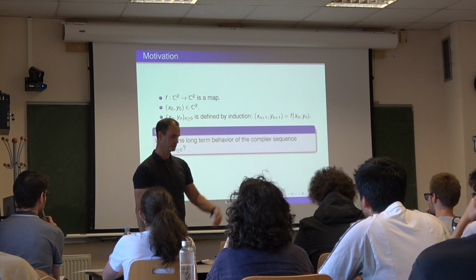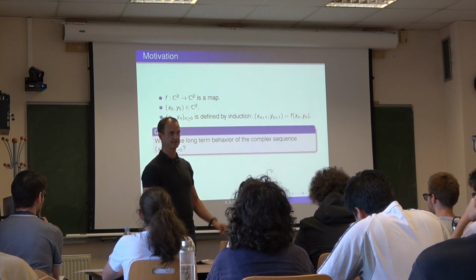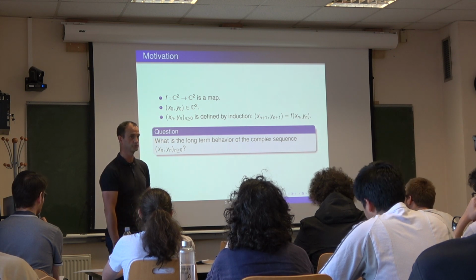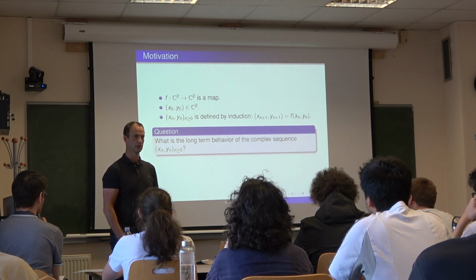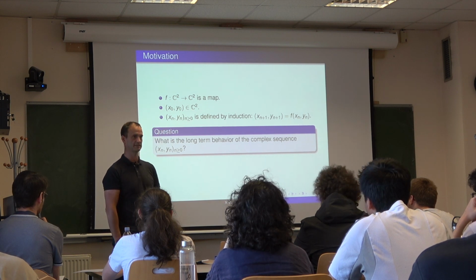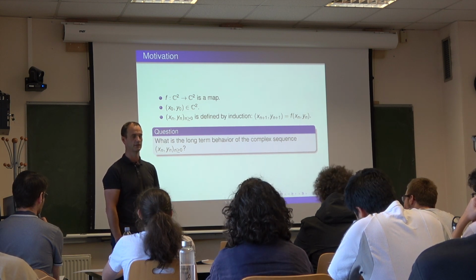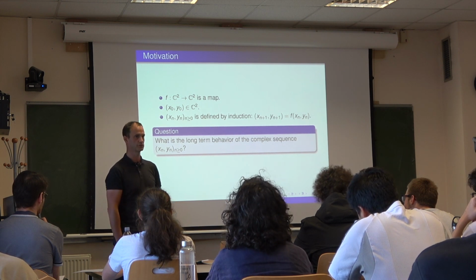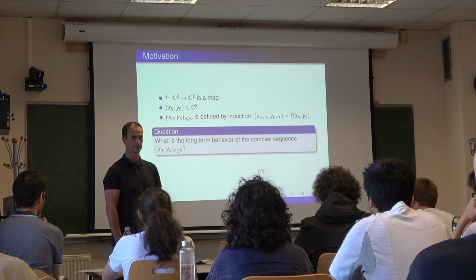But since I want to go to geodesics on affine surfaces, I will directly start from a map going from C2 to C2, not one complex variable. The subject of going from C to C and studying sequences defined by induction in C goes back to the 1980s, or even to the work of Fatou and Julia at the beginning of the 20th century.